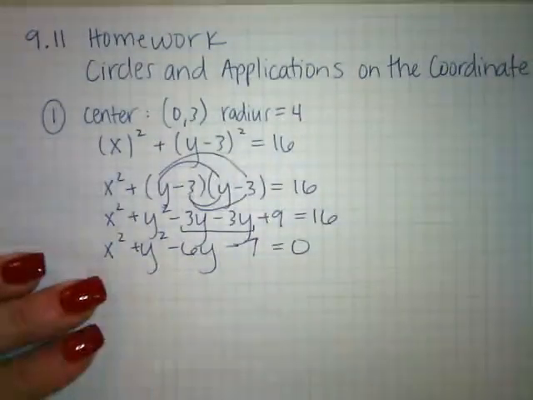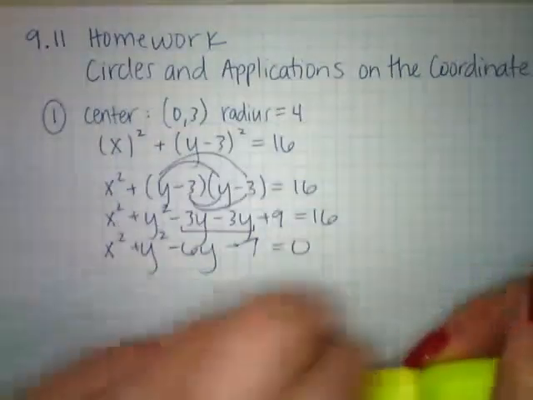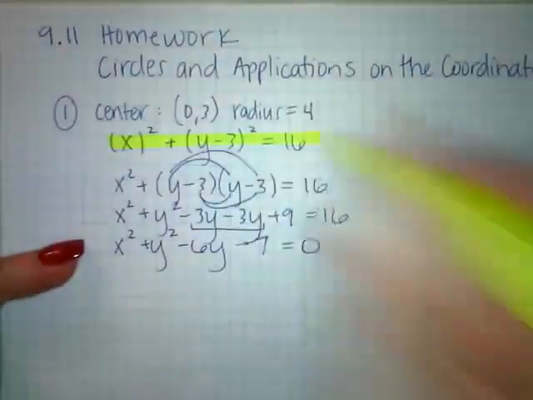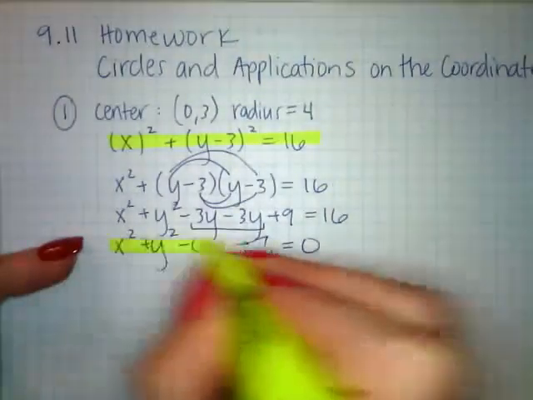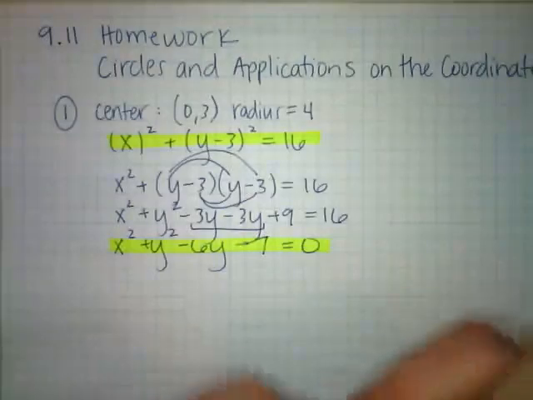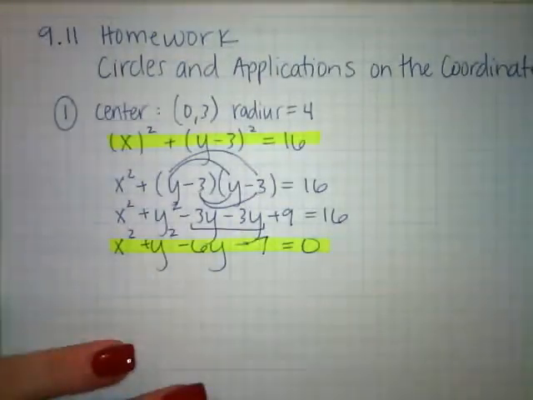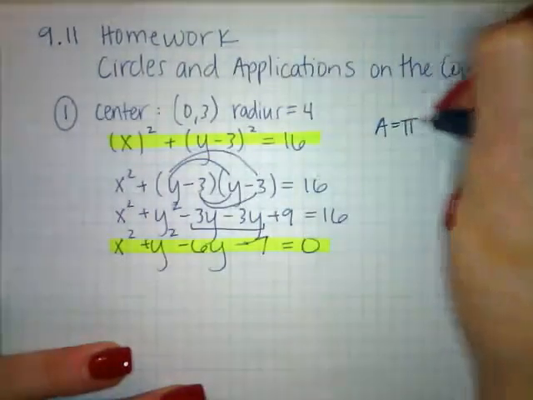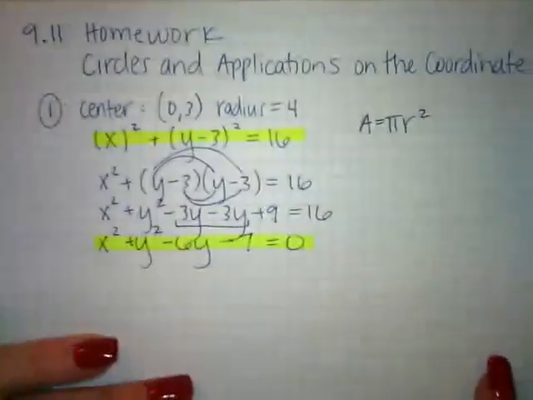Okay, so I'm going to highlight some of my final answers, standard form and general form. The last thing the directions say is to find the area of the circle. Area of a circle is pi r squared.